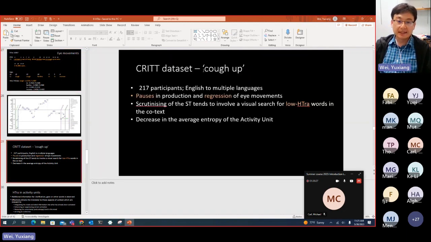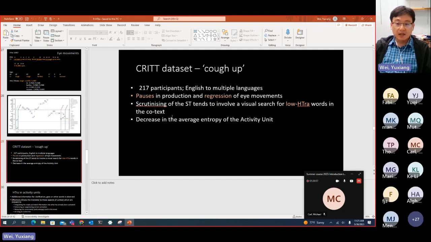In the CRITT data set, again, from a discussion on 200 participants for multiple languages, we see a pattern for this phrasal verb. There seems to be a pause in production and regression of eye movements when it comes to this phrasal verb, where the scrutinizing of the source text tends to involve a visual search for low HTra words in the co-text to facilitate that problem-solving process.